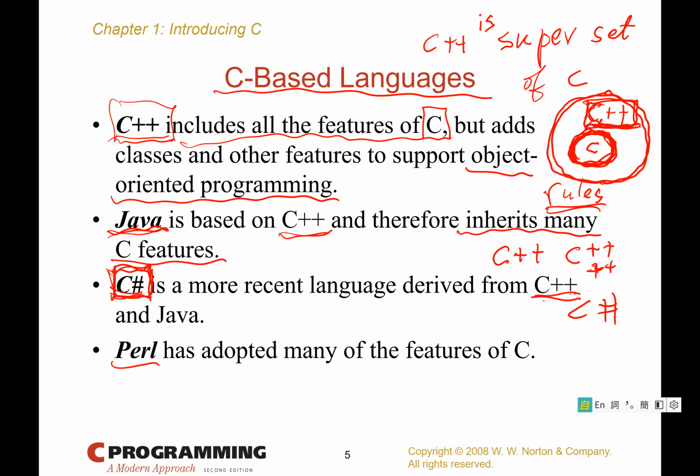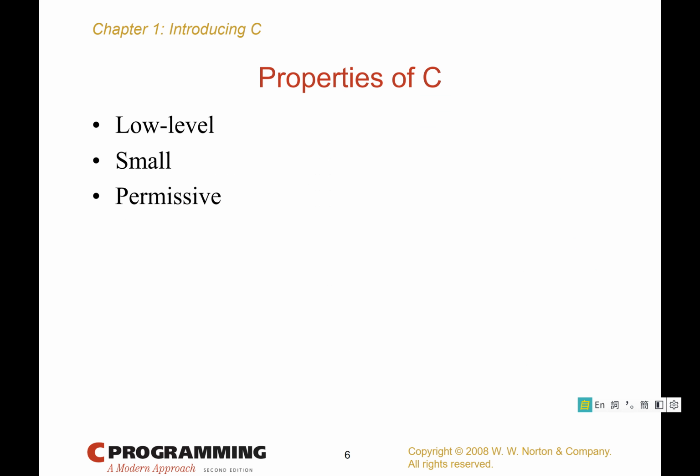And Perl is another computer language that adopts many features of the C language. A property of C is that it can do very low-level programming. This is why C is so powerful, and it's small.